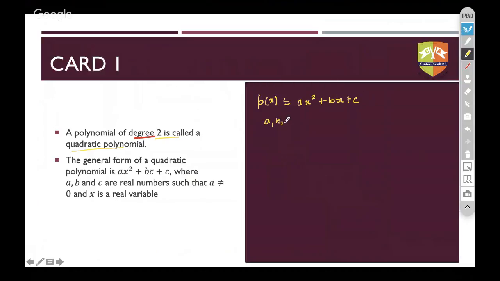So a, b, and c all belong to the set of real numbers, and a cannot be 0. Why? If a becomes 0, then this polynomial is reduced to a linear polynomial. So hence a cannot be 0. So this is a definition of a quadratic polynomial.